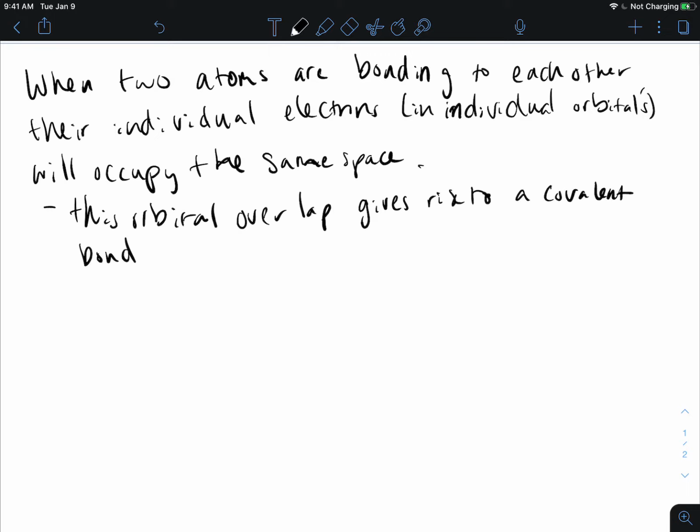So the idea that these atomic orbitals overlap and form a bond. So this is going to be the basis for valence bond theory. Okay. So valence bond theory states that two atoms which have unpaired electrons in their orbitals can overlap to give rise to a chemical bond, a covalent bond.